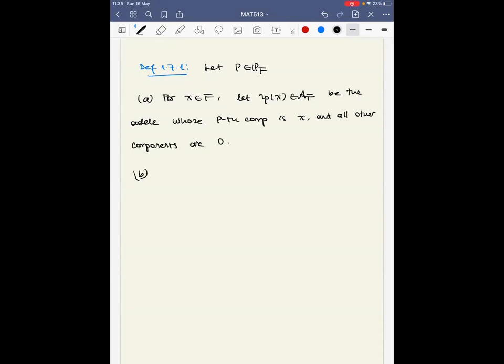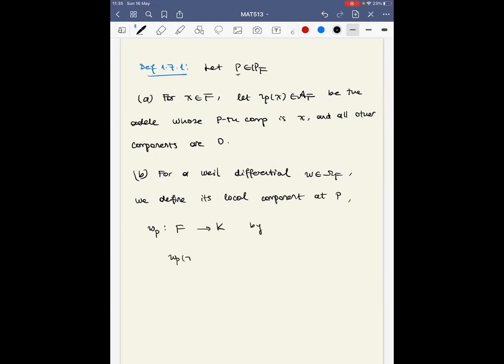And indeed, by using this special adele, for a given Weil differential omega, its local component at this given place P is a k-linear map from the function field to k, and this k-linear map is explicitly described as the image of this local adele under the Weil differential omega.